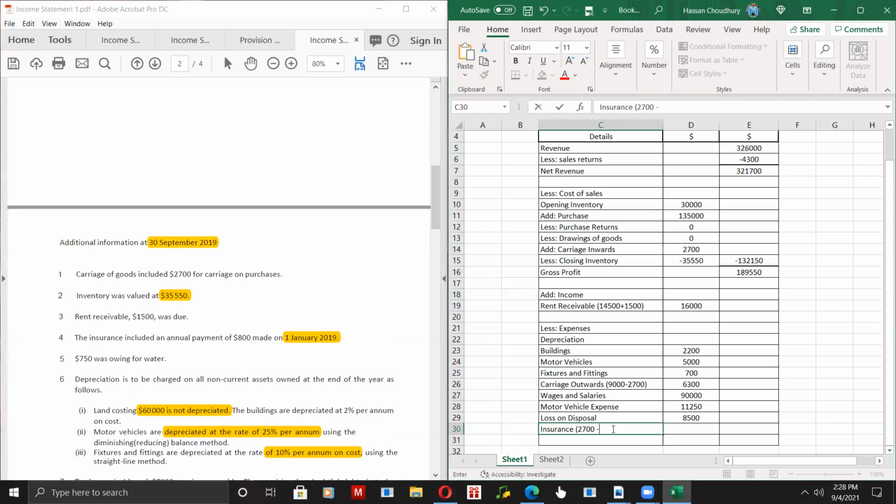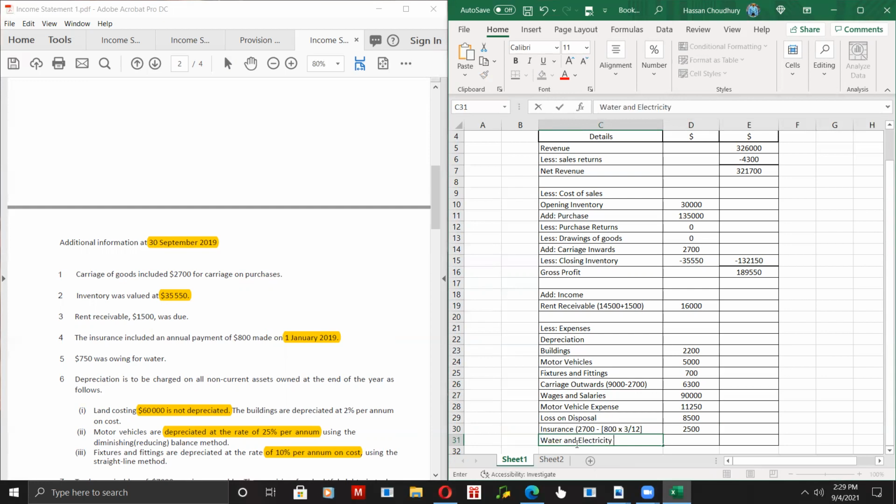So we minus the prepaid, which we calculate as 800 into 3 by 12. This should give us around 200. So we get our figure of 2,500. The next thing we have is water and electricity.